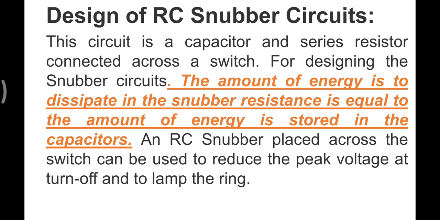Okay? Next, an RC snubber placed across the switch can be used to reduce the peak voltage at turn off and to clamp the ringing. So by using this snubber circuit we can reduce the peak voltages, and at the same time this snubber circuit acts like a protective circuit for the switches.